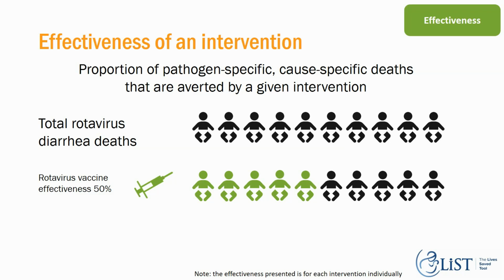So the first line that we have here with all the children in black represents the 20% of the total diarrhea deaths. And within that, if 100% of them receive this intervention, only 50% of those deaths will be avoided for this particular intervention.